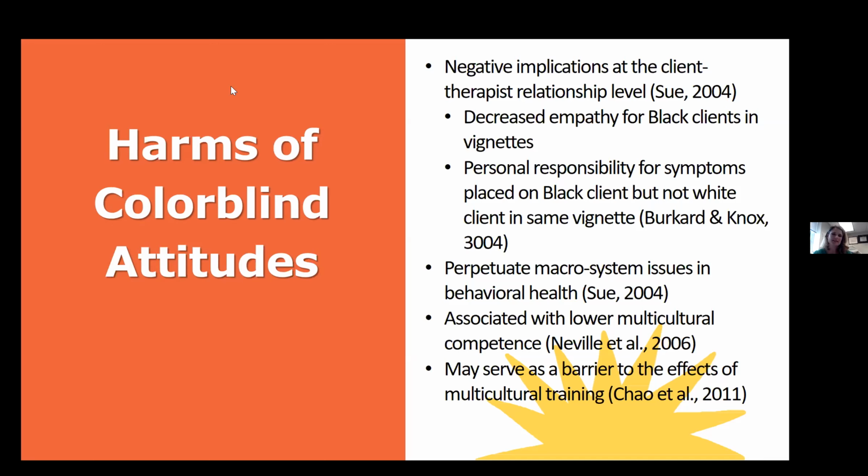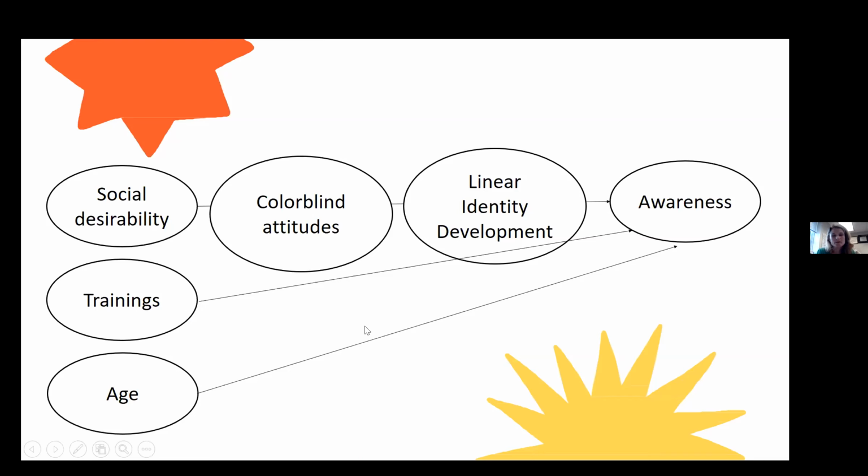There was no effect for reintegration or pseudo-independence. And then there was a positive impact for immersion, emersion, or autonomy. So, pretty much following that linear pattern, but interestingly not having a connection one way or the other at those middle stages.